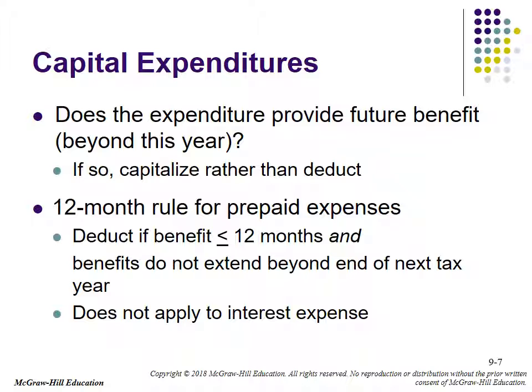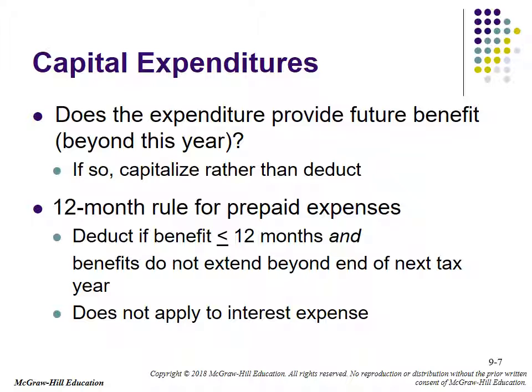Now, the 12-month rule for prepaid expenses. We deduct if the benefit is less than or equal to 12 months, and the benefits do not extend beyond the end of next tax year.